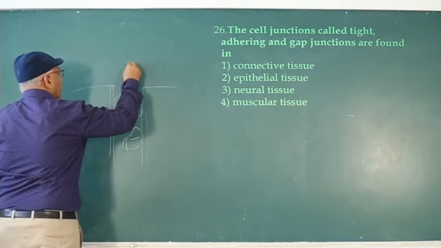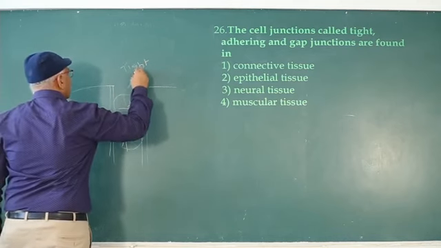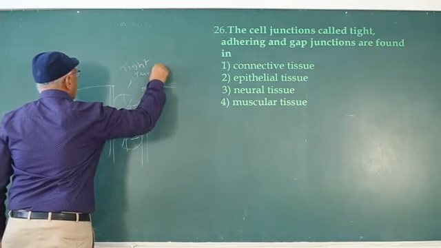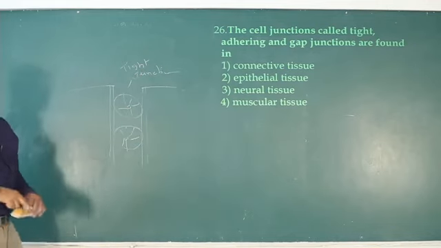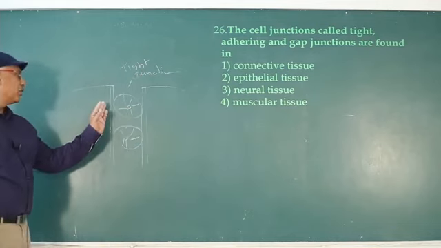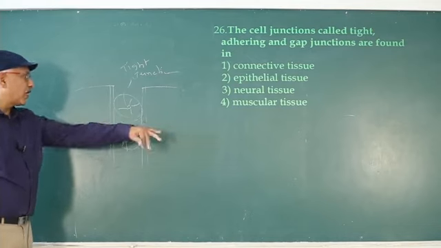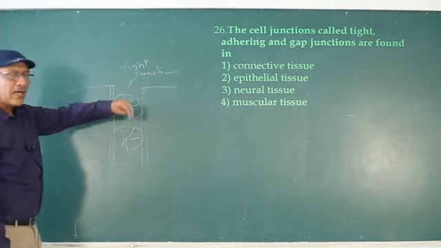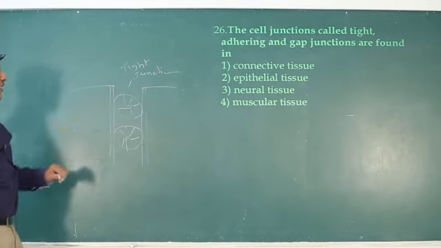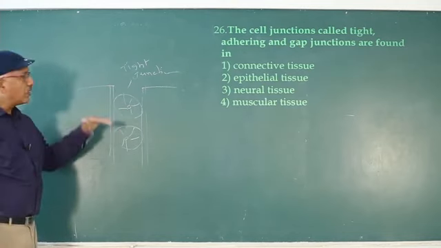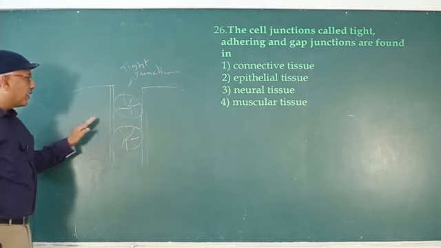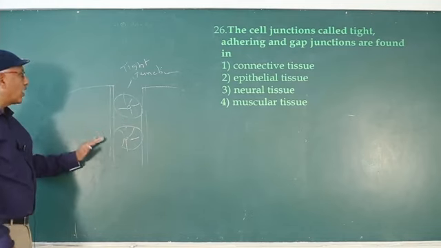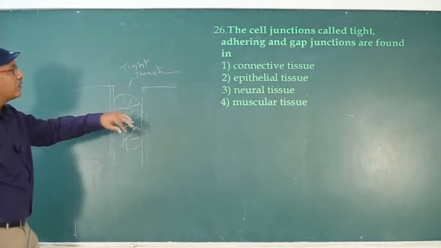It is a special type of protein. It adheres the plasma membrane of one cell to the plasma membrane of another cell, so one cell fails to directly contact the adjacent cell. What is the use of a tight junction? A tight junction prevents the entry of ions, molecules, and water from one cell to another cell.